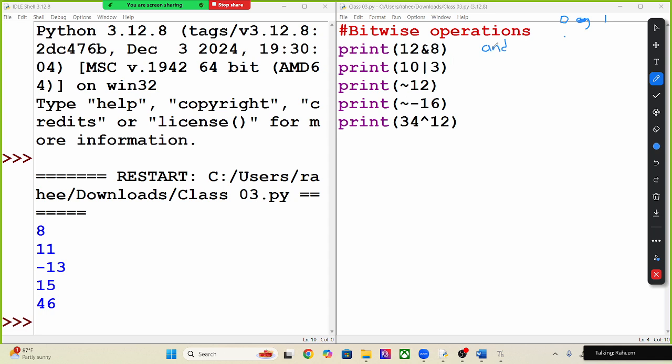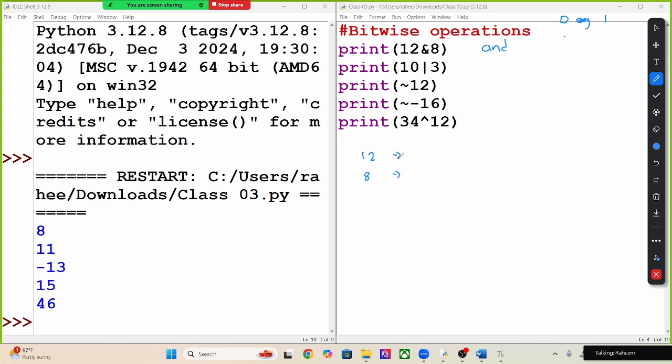Bitwise operation means we use the AND operation, but we take the bits, not the decimal. So first we have to convert this 12 and 8 into binary. We all know how to convert decimal to binary, right?